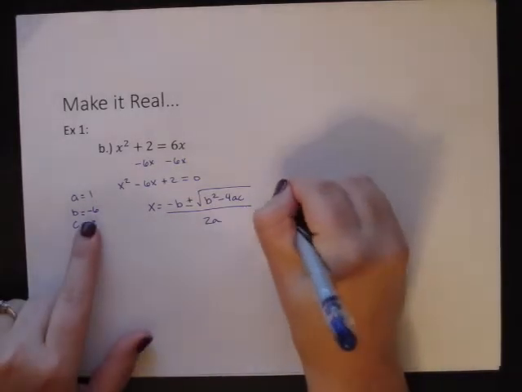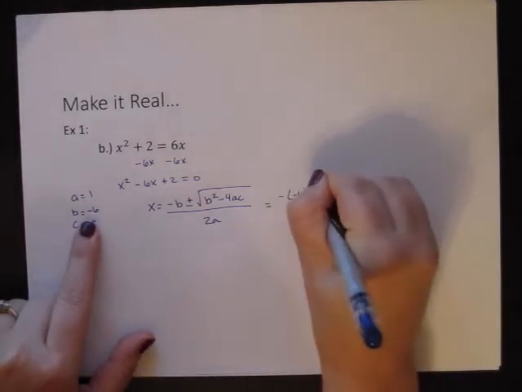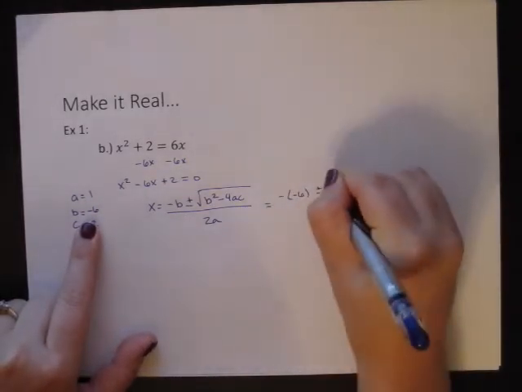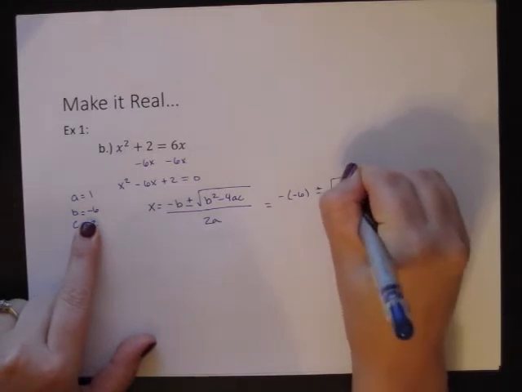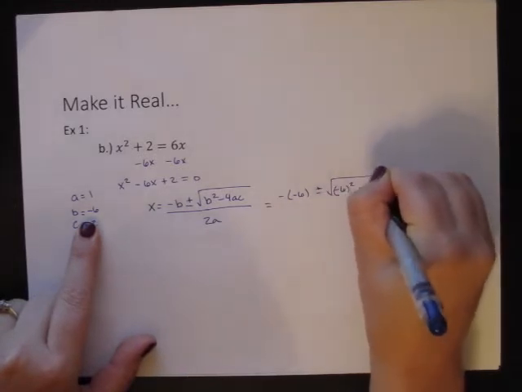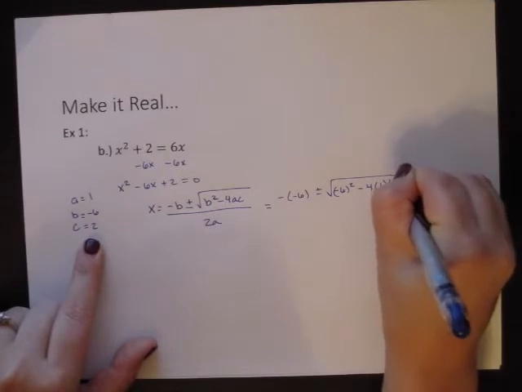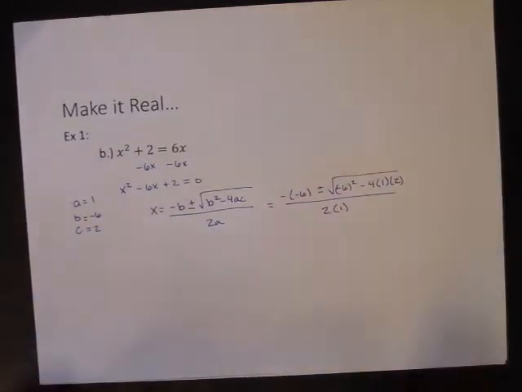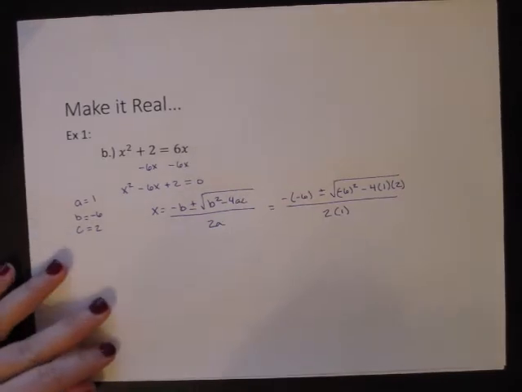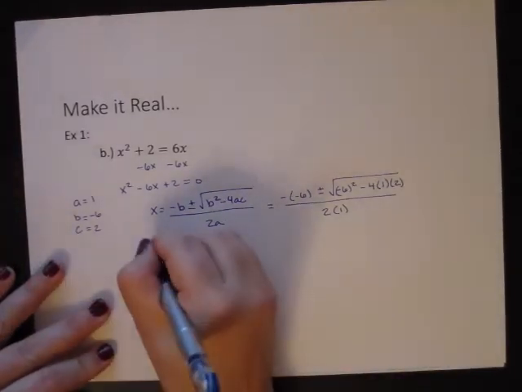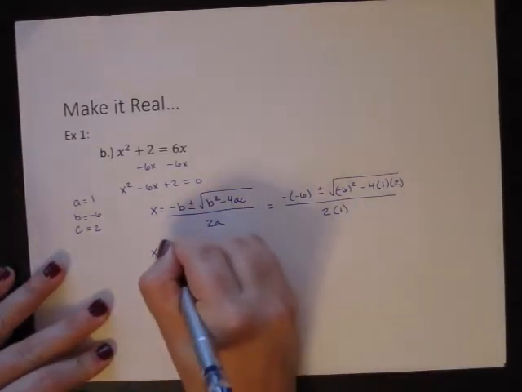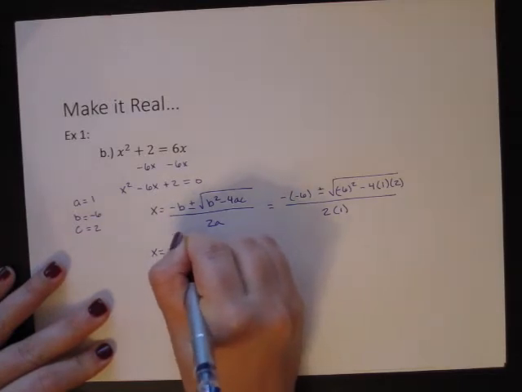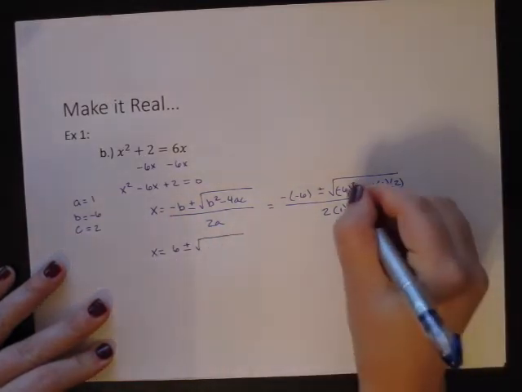So I'm going to go negative 6 plus or minus the square root of negative 6 parentheses squared minus 4 times 1 times 2, because that's my a and c, all over 2 times 1. Alright, so I got x equals, negative times a negative is a positive, so 6 plus or minus the square root.